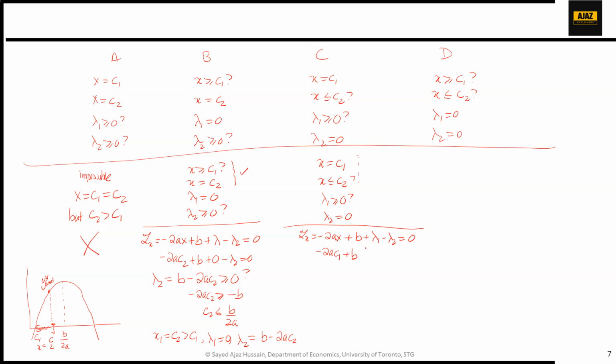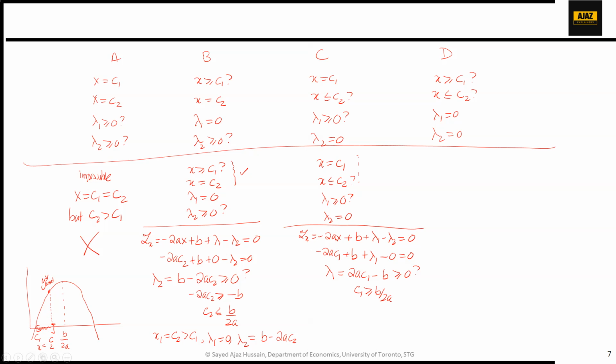Lambda 1 is supposed to be a number bigger than or equal to 0, but lambda 2 for sure is 0. Therefore, lambda 1 is going to be equal to 2ac1 minus b. We wonder when that's bigger than or equal to 0, and the answer, of course, is when c1 is bigger than b over 2a.